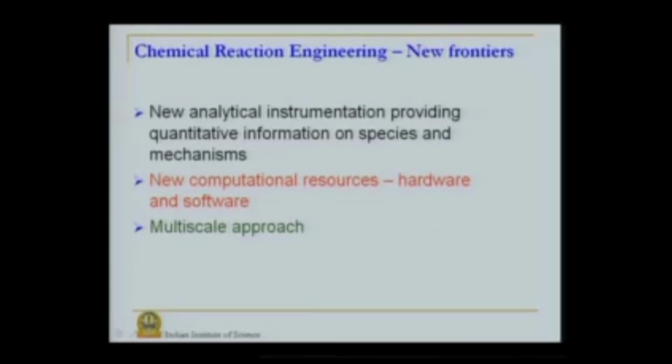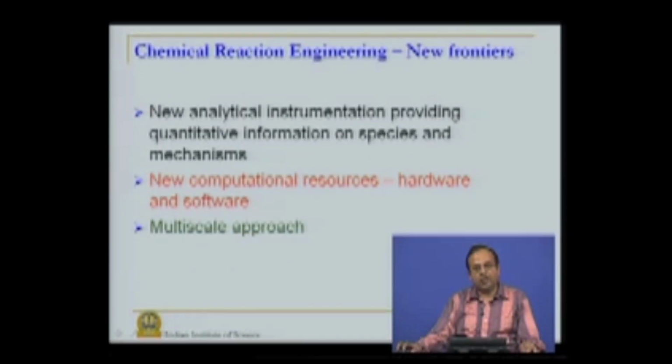Simultaneously, we also have a lot of computational resources, both in the form of hardware and software, which are available to us, and we are making full use of it. To give you an example, as we speak, a chemical plant in Spain is being monitored and controlled by people sitting in Bangalore. That is possible because the entire operation has been networked.